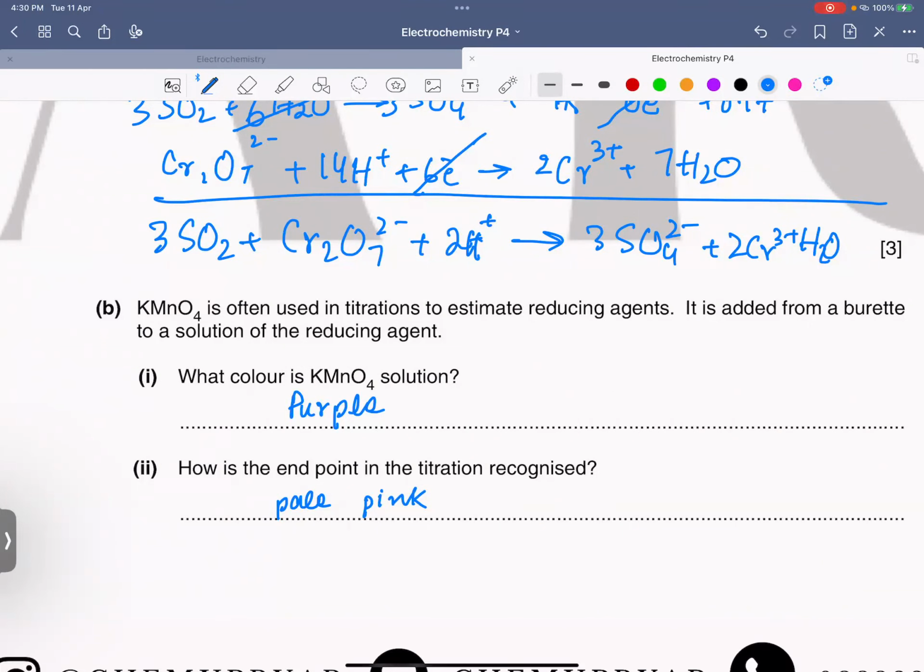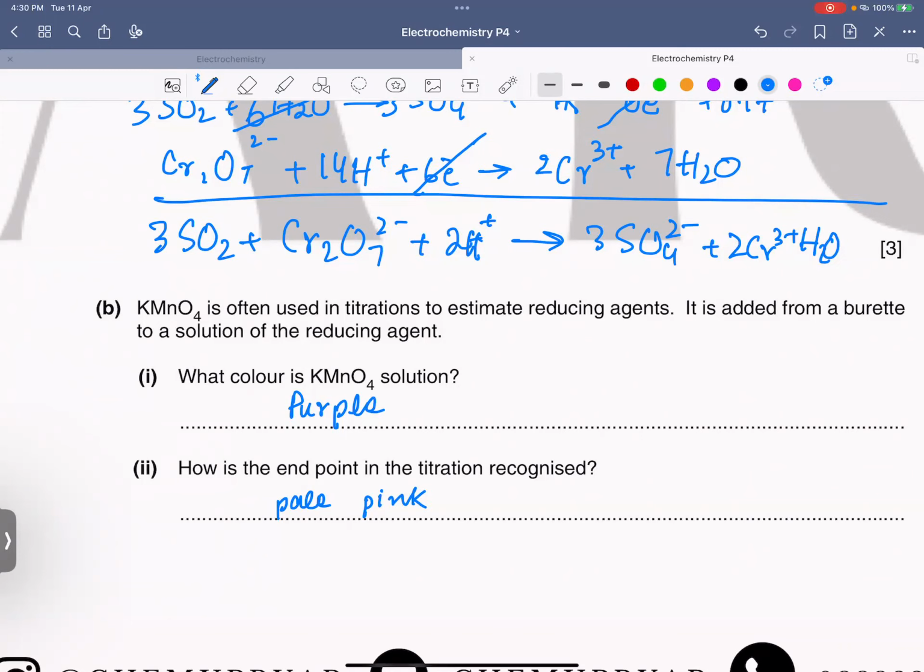But when we are doing titration, KMnO4 potassium permanganate is always filled in the burette. And we very carefully add that KMnO4 into the flask and shake. So every time I add a few drops of KMnO4 into the flask and shake, it always goes decolorized. So that decolorization is taking place at every moment.